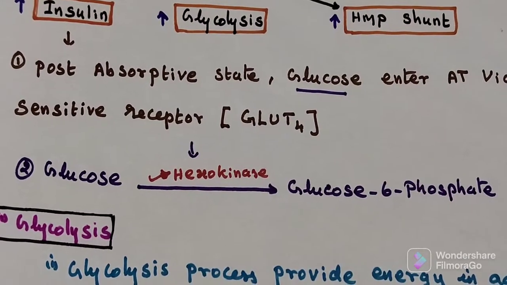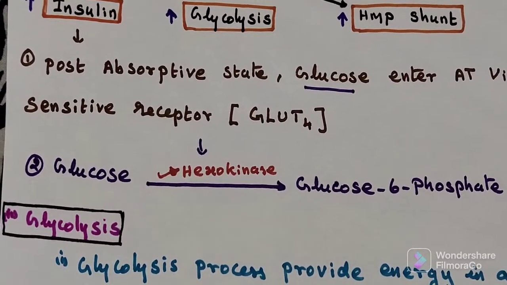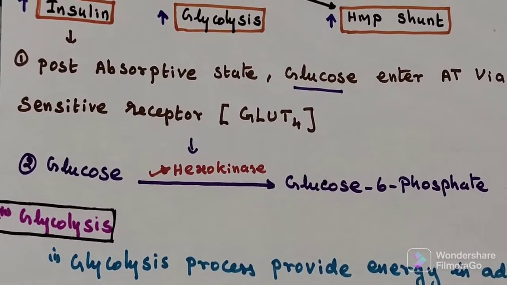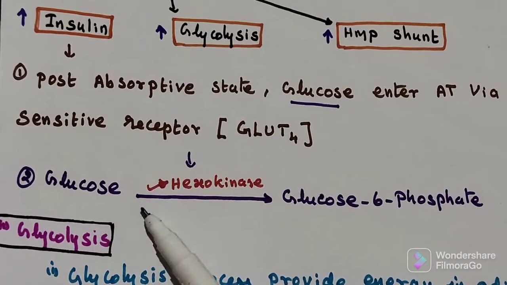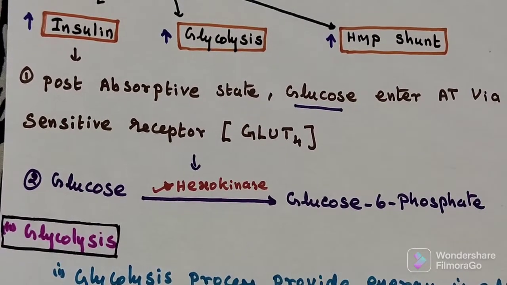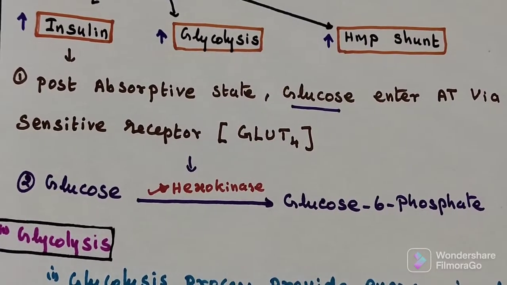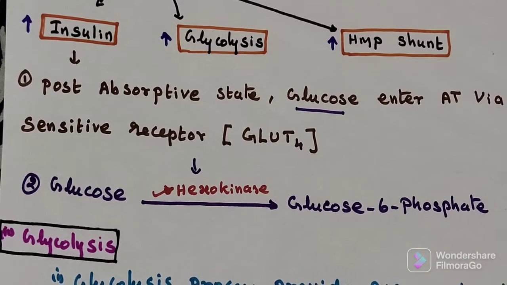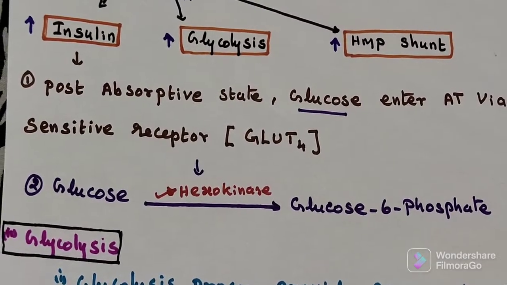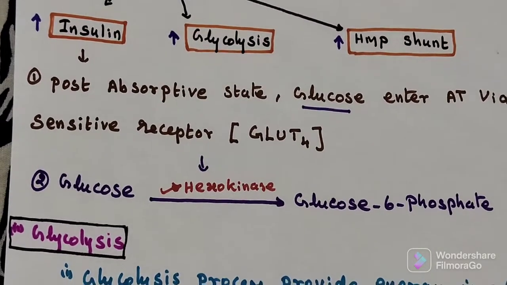The glucose which has entered adipose tissue is now converted to glucose 6-phosphate by the enzyme hexokinase. This conversion of glucose to glucose 6-phosphate in any cell is meant to trap the glucose inside the cell.